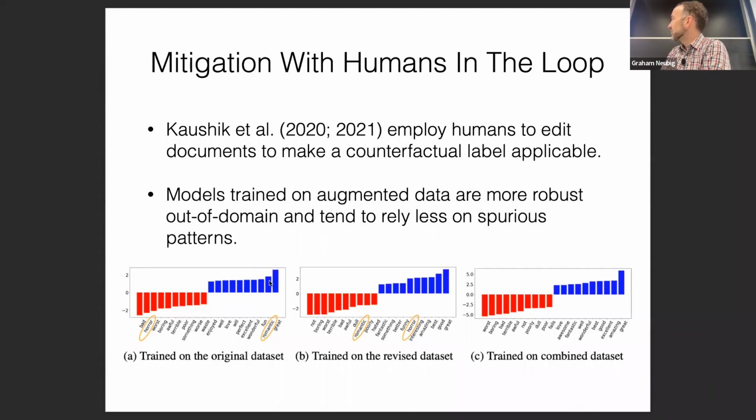To fix this, they asked a whole bunch of crowd workers to modify the input in a minimal way so that it changes the label. After you train a model on this minimally modified data set, you'll notice that these spurious correlations disappear. So this is also something that you could do for bias mitigation strategies.